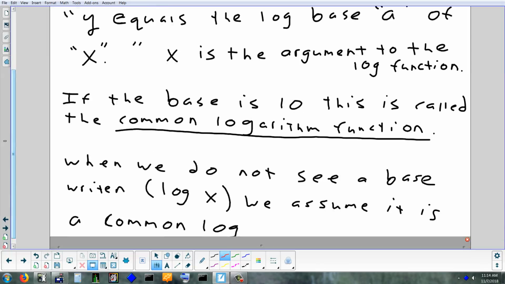So in algebra, we kind of assume certain things, like if you write a variable and there's no number in front of it, we assume it's a 1. Well, if you have a logarithm and you don't put a base, then the base is 10. The common logarithm is one of two bases that the calculator can do directly by pressing a single button.